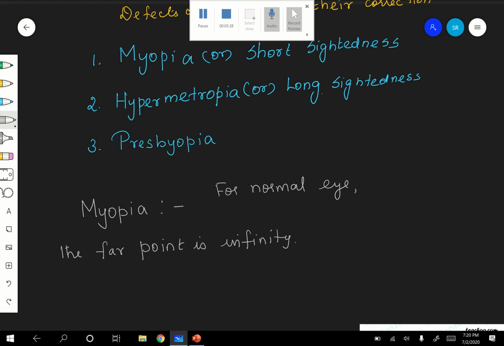If this is the eye, this is the eye lens. If the far point is infinity, the object is at infinity.